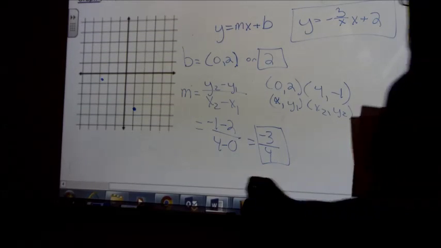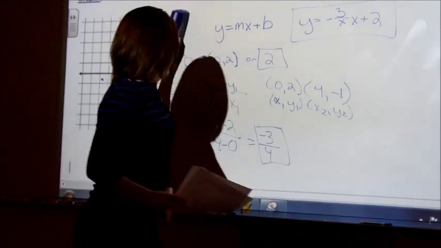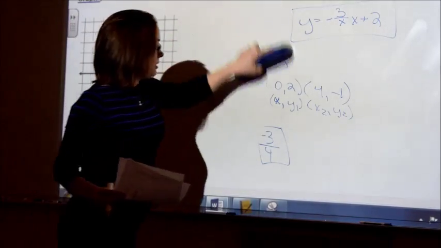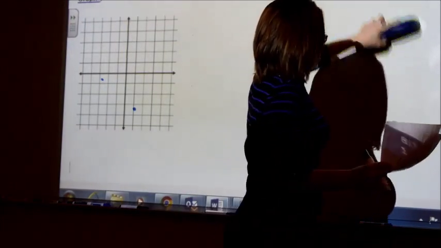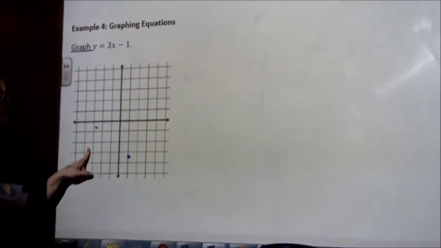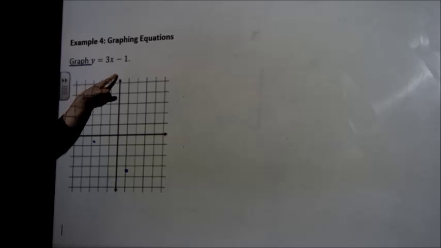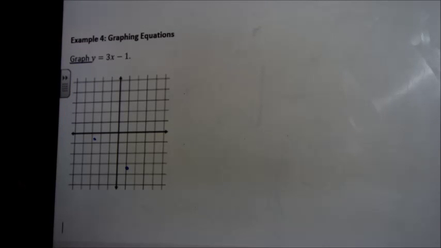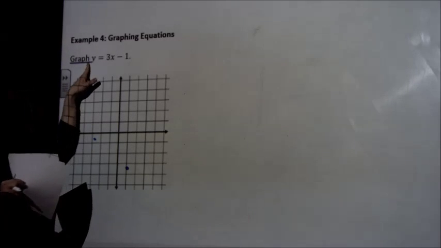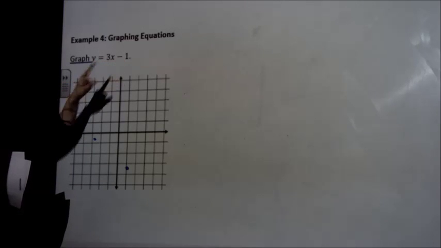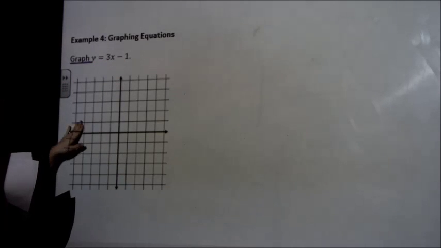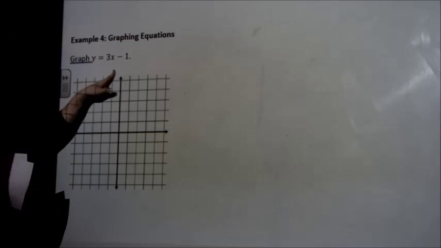Okay. So now that you know how to find equations and write equations that represent certain lines, how do you graph an equation based on a linear slope-intercept form equation? So here we're given y equals 3x minus 1, and we want to graph this.